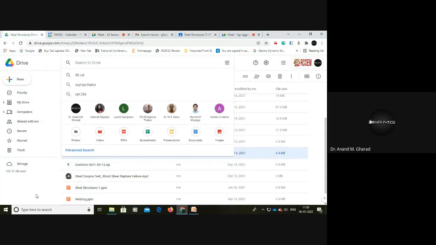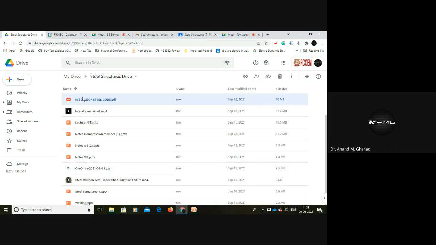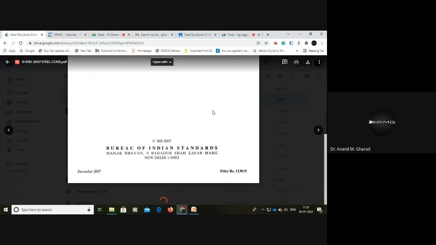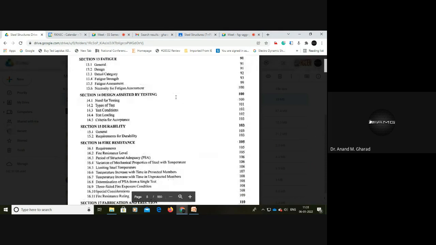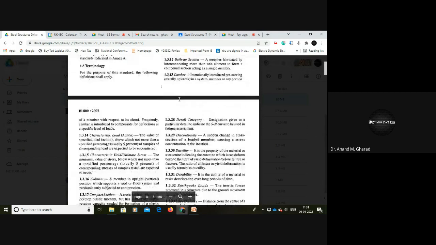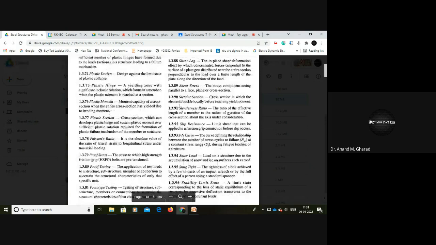Tell me, on which page is it given? Fine, just look here. It is requested that please make a habit of referring IS code. It is very essential.